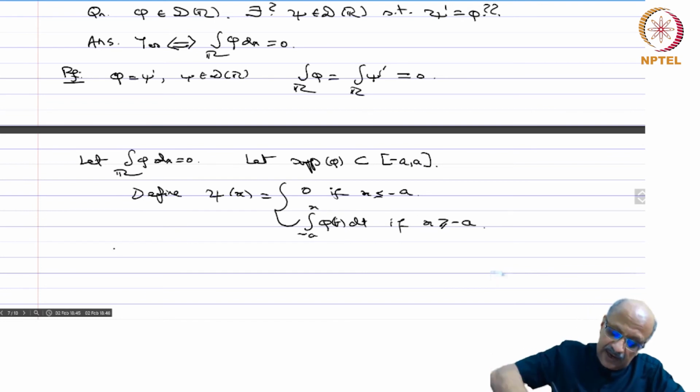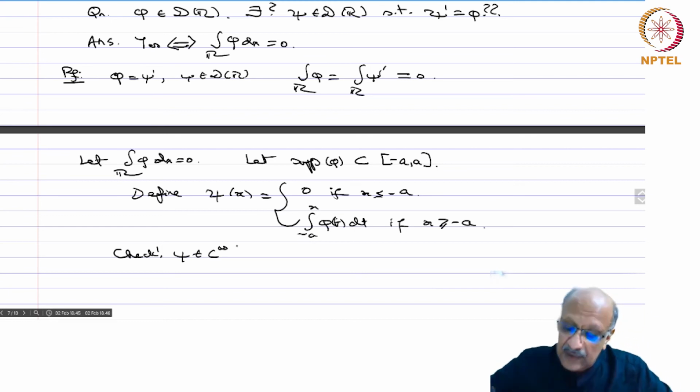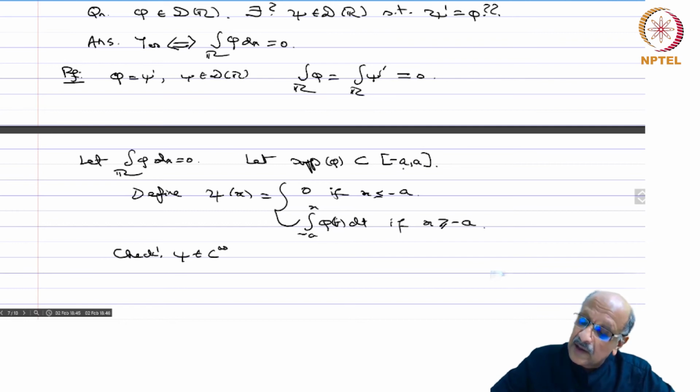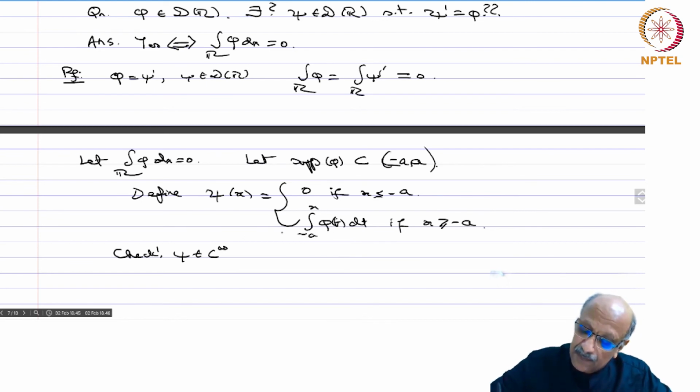Now we can check that psi belongs to C infinity, because we have taken the support well inside. Let me put it as an open interval here, so that the support will be well inside it, and therefore this will be 0 even after you cross minus a for some time, and so this will be patching up nicely.